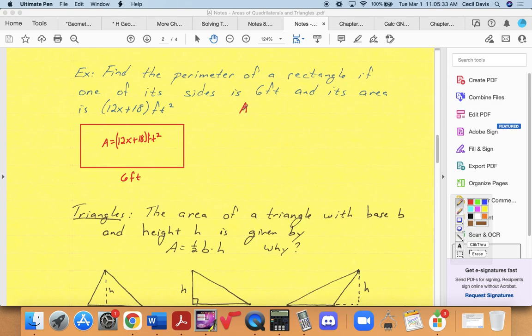So I'll start with the formula. The area is equal to the base times the height. So 12x plus 18 square feet is equal to the base, which in this case is 6 feet, times the height. Divide both sides by 6 feet.